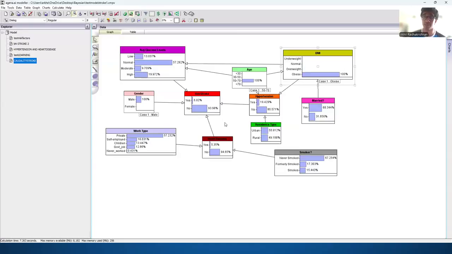This further increases stroke risk by updating both the hypertension and average glucose nodes. This also contributes to forward causal links.